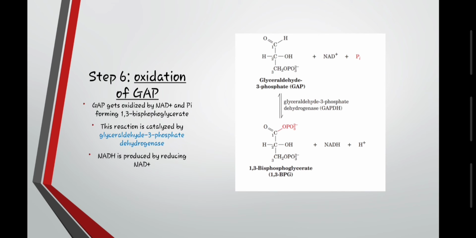Now we can say that from step 6 we started producing energy. NADH is produced by reducing NAD+. So we started with GAP, NAD+ and Pi, which is an inorganic phosphate, and we end up with 1,3-bisphosphoglycerate.